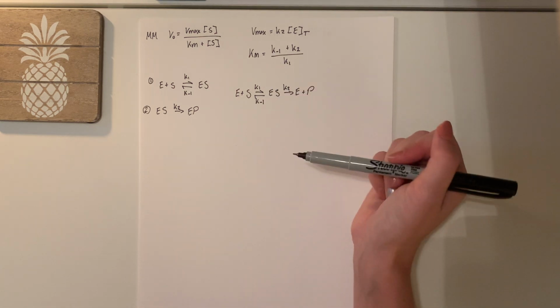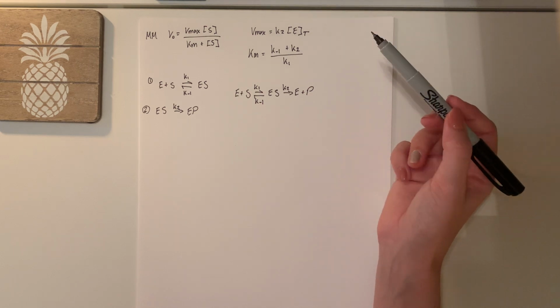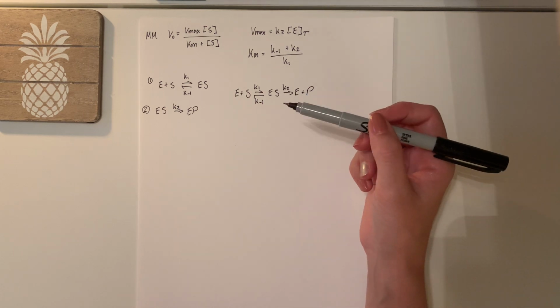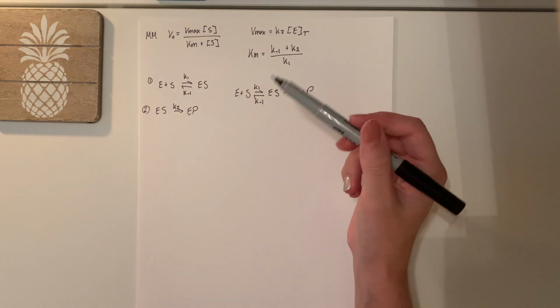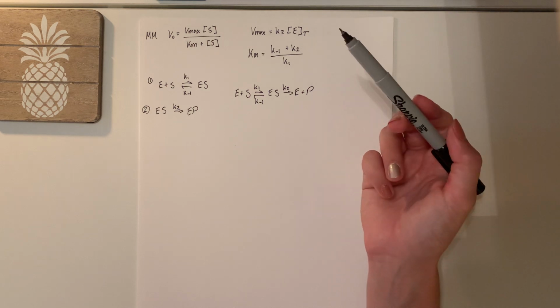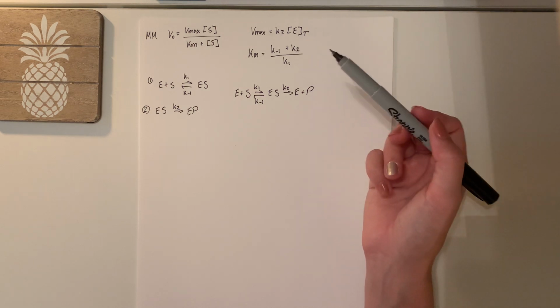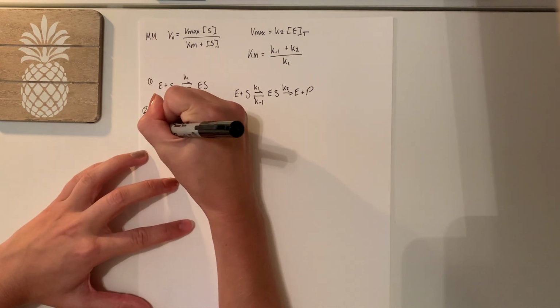So using these two steps, we can write out the steady state approximation as the instantaneous rate of change for ES, d[ES]/dt. And this just shows that the creation of the enzyme substrate complex is equal to the sum of reactions decreasing its concentration. Let's go ahead and write that one out.